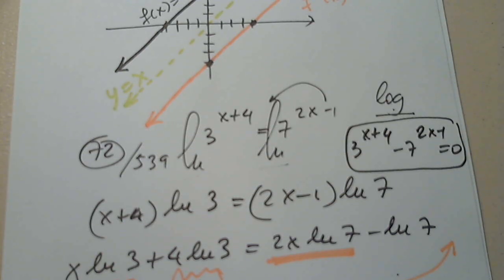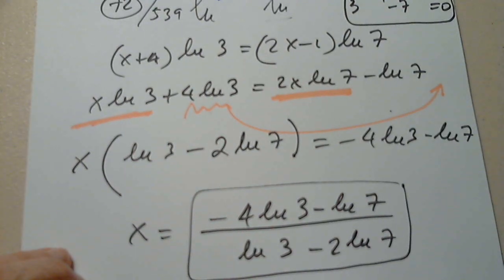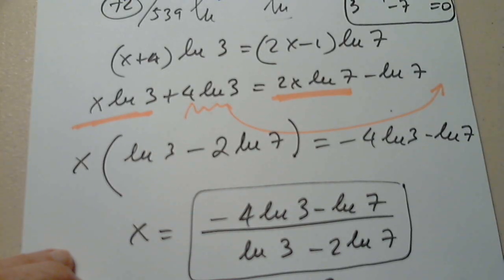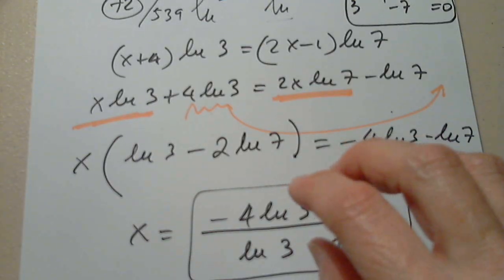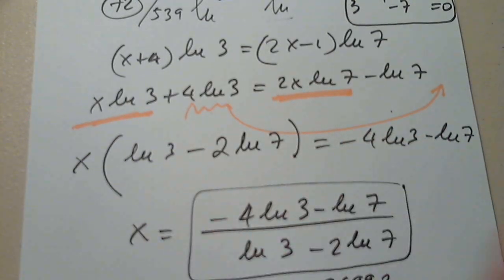So x is approximately 2.26992. If you put that in truncated, you will never get exactly 0 because we're putting error in. But if I ask the calculator to use the entire answer, the whole thing, not just the truncated number, then I should always get what I'm expecting to get.